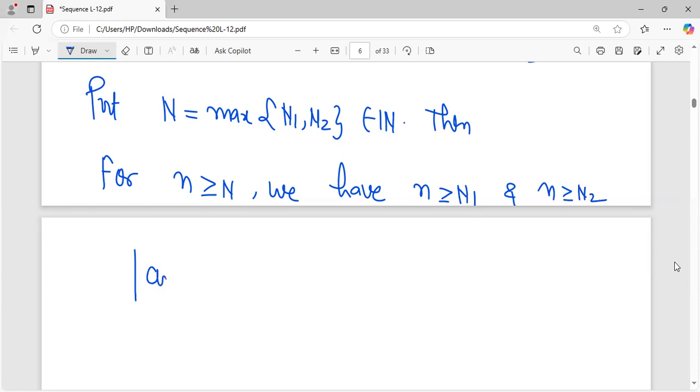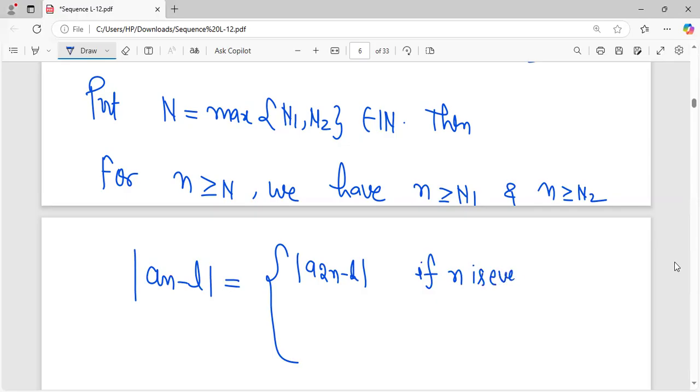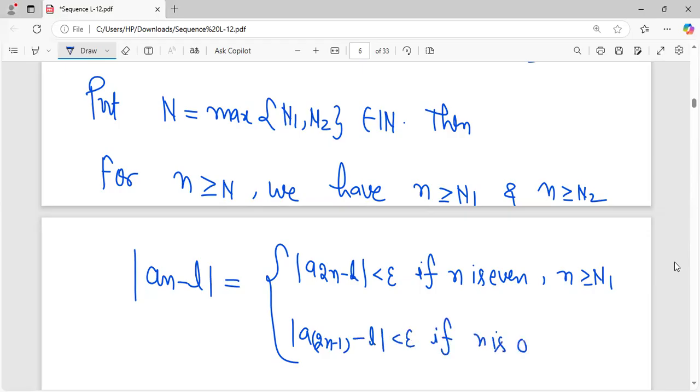So I am taking a n minus L. This is a 2n minus L if n is even and n is greater than capital N, and that will be less than epsilon. And it will be a 2n minus 1 minus L less than epsilon if n is odd and greater than capital N.